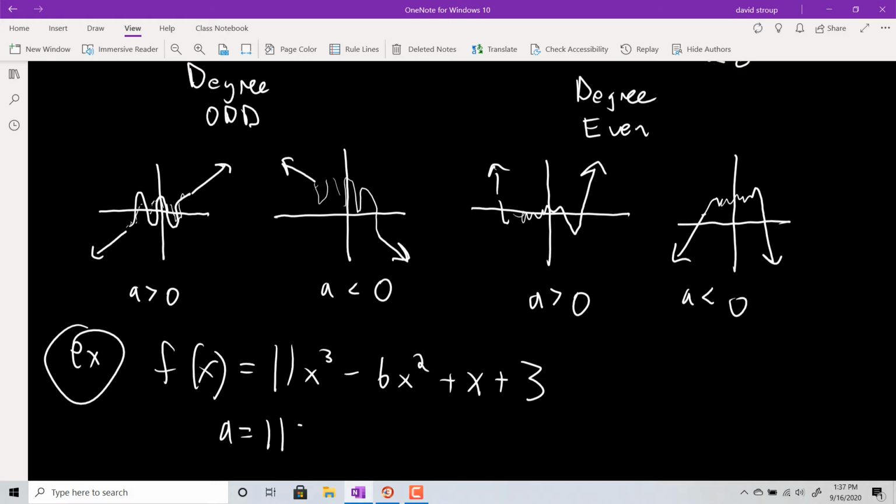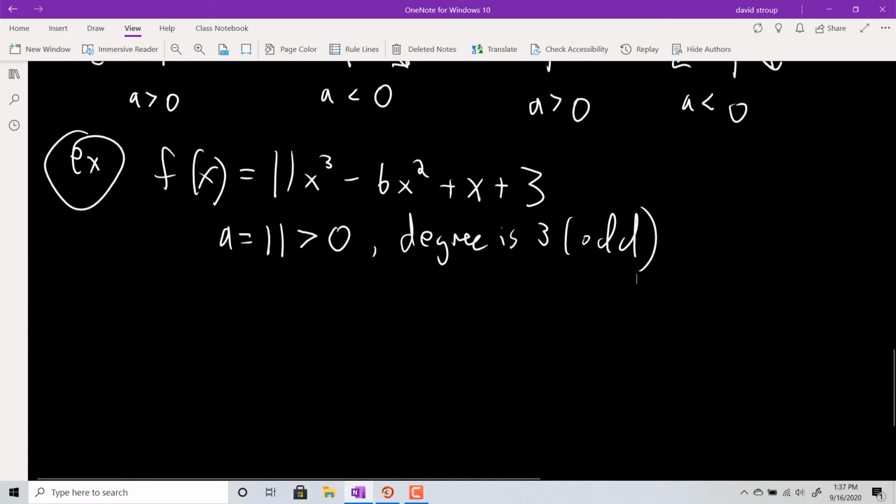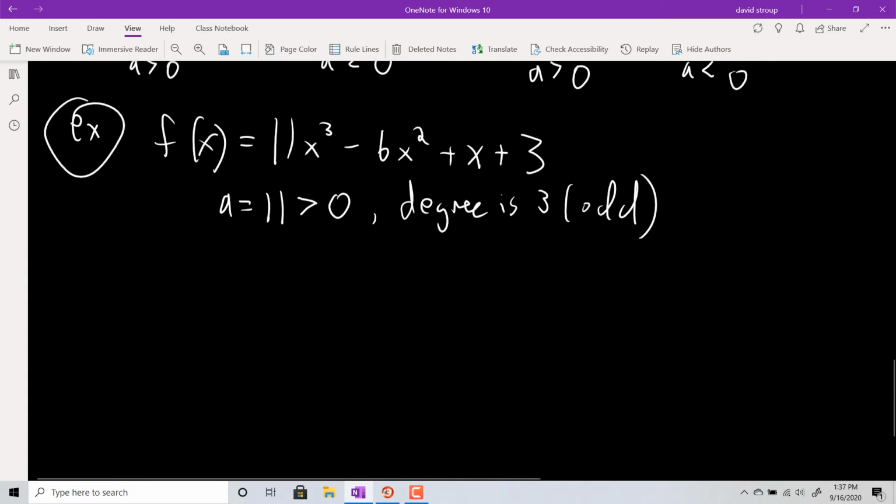It is positive, greater than 0. And then what's the degree? Is it even or odd? Well, the degree is 3, and that is odd. So it basically has the behavior of a line going up. I can make a little picture. If you're on my test, you'd probably make a little picture.